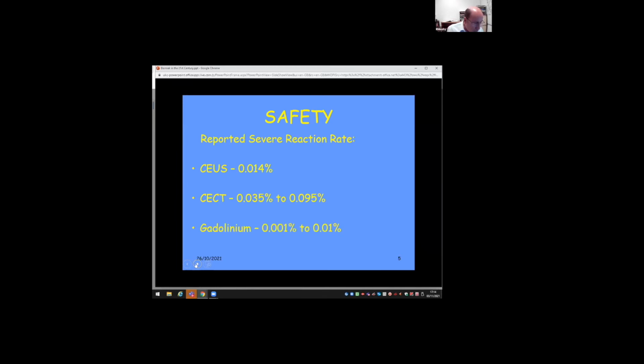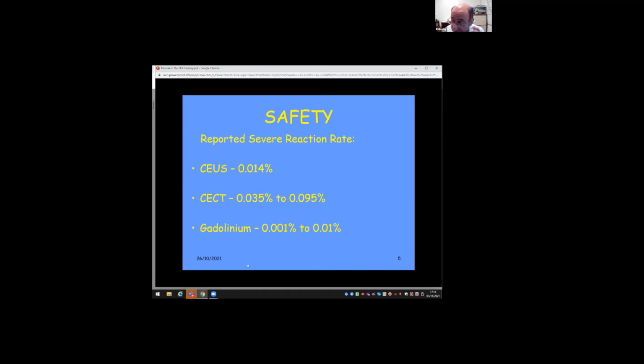These are some reported severe reaction rates between the different modalities. They're all relatively small. The examinations are relatively safe. I'm not going to go into the arguments about whether contrast is really nephrotoxic.